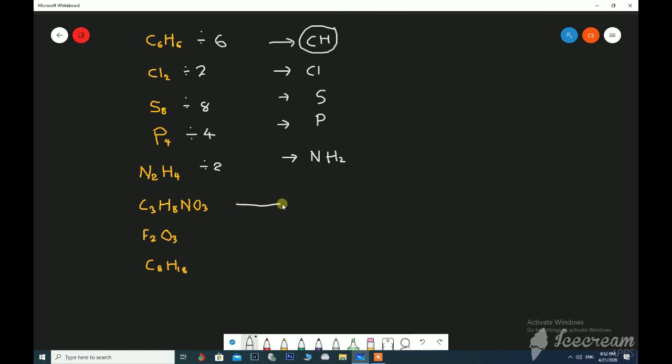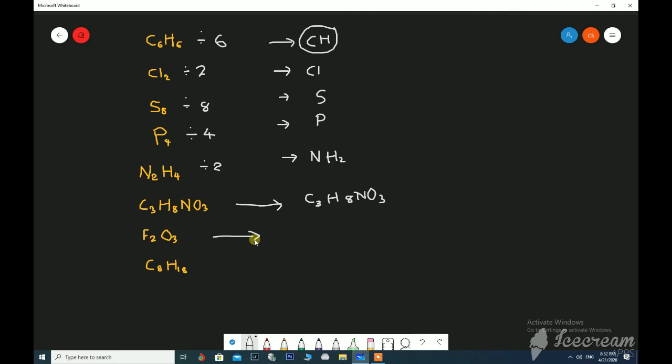So the empirical formula is the same as the molecular formula. So it is C3H8NO3. F2O3, it is also like the previous one.